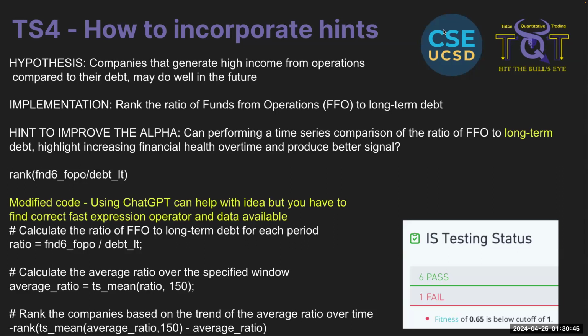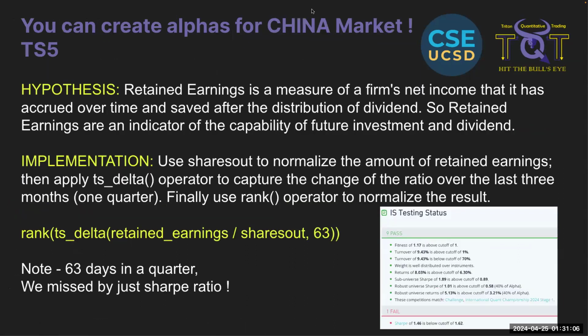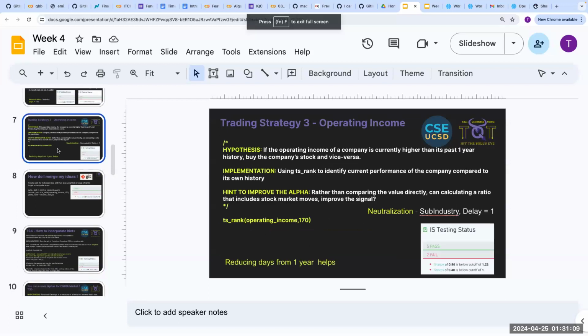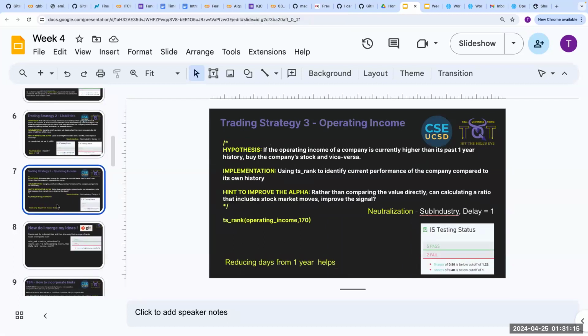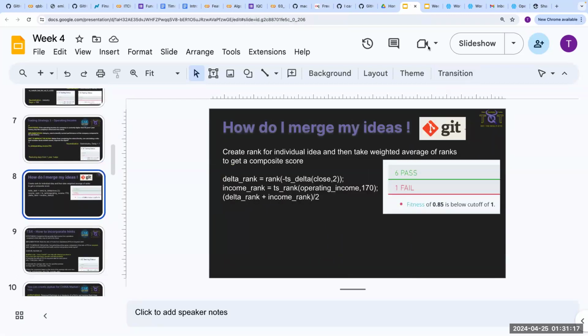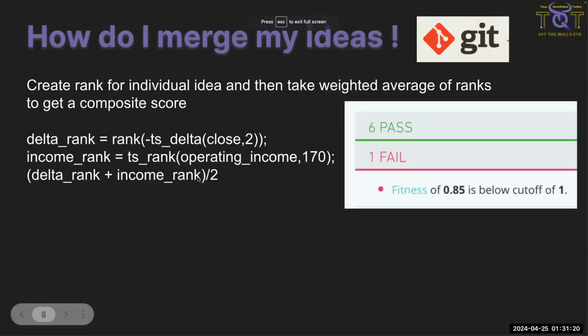So try to create a combination of these strategies that we talked about. I can tell you that among the four that we have talked about till now, there is a combination which does pass the case without doing anything. You can use these, but you have to change the weights. When we merged our ideas, we calculated the average just by adding and dividing by 2, right?